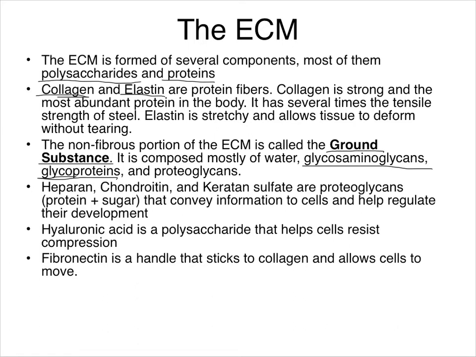And also proteoglycans. Proteo means protein and glycan means sugar. These are the flip side of that coin. They're long chains of sugar groups with peptides or proteins hanging off of them. They're more sugar than protein, but they're still a combination of the two.